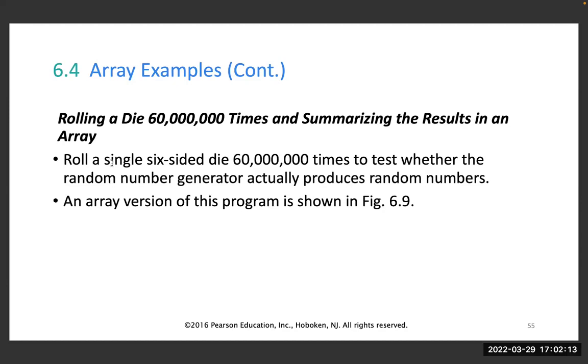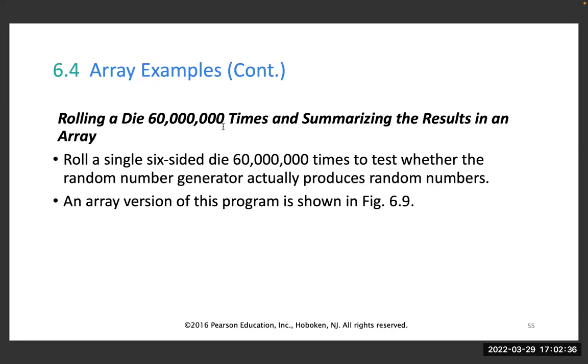Okay. So we know a die should have 6 numbers, right? So 1, 2, 3, 4, 5 and 6. We will summarize how many 1s, how many 2s, like this. Actually, it is the frequency of each number.